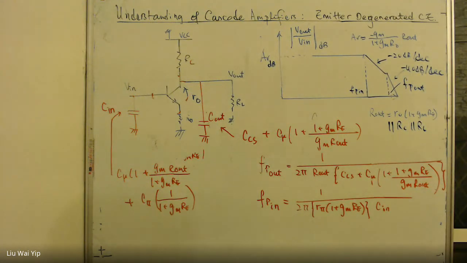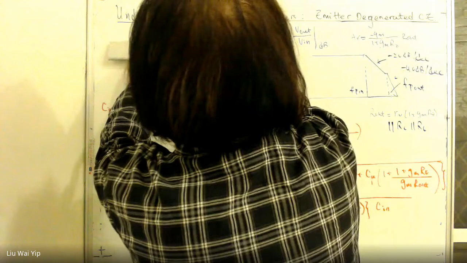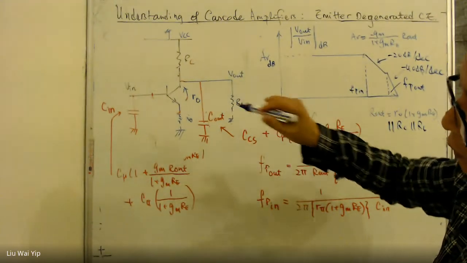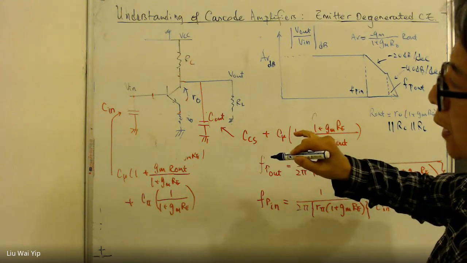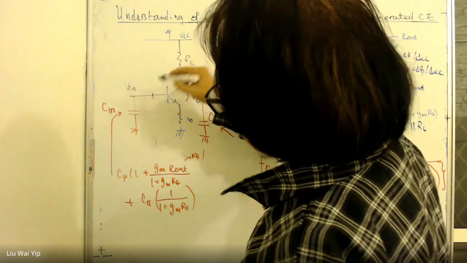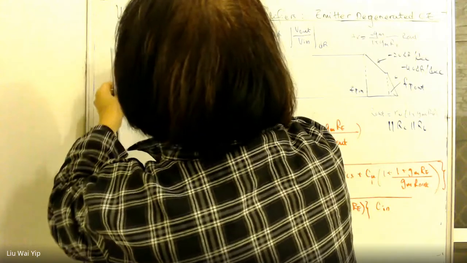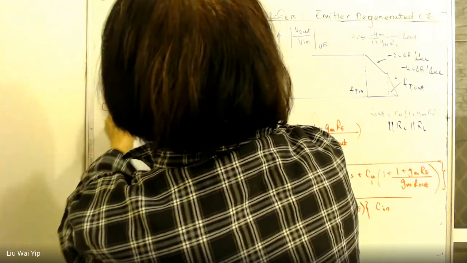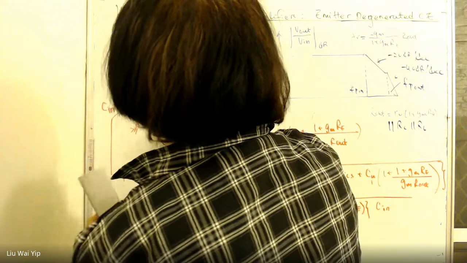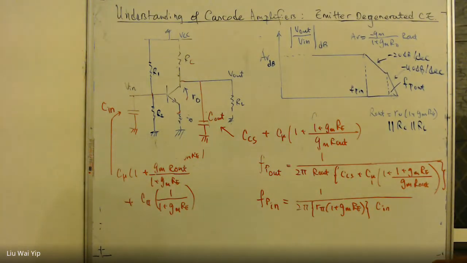One of the ways to bias the circuit is to use the voltage divider technique. We have to give some DC voltage to the base so that it works. Otherwise, without any biasing, the circuit is not going to work. So R1 and R2. This is the only way that can make it work.